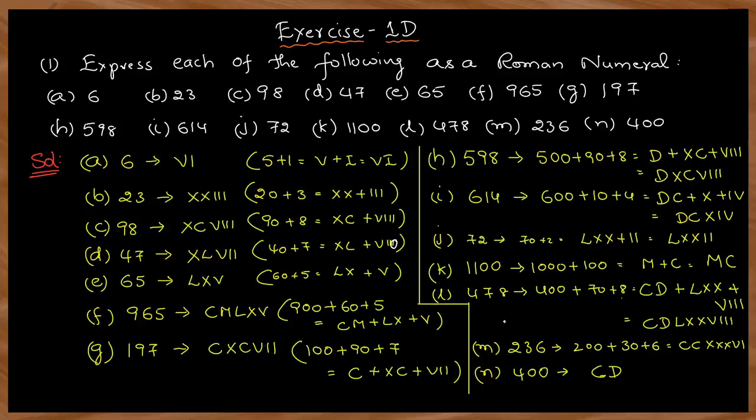Okay. If you want to write 478, I will explain how to write this. 478, split it first. 400 plus 70 plus 8, which is 400 means 500 minus 100, plus 70, which is 50, 60, 70, plus 8 means VIII.